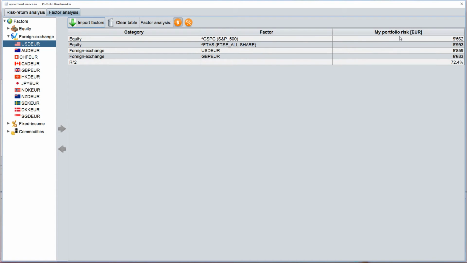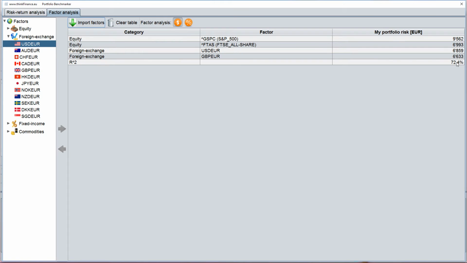What you see on the right-hand side is the effective exposure of my portfolio to these 4 factors. What you can also see is the so-called R-square, which is 72%.